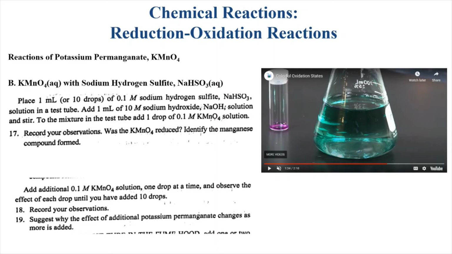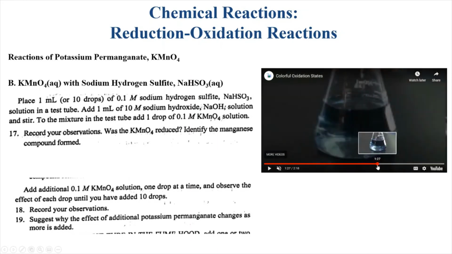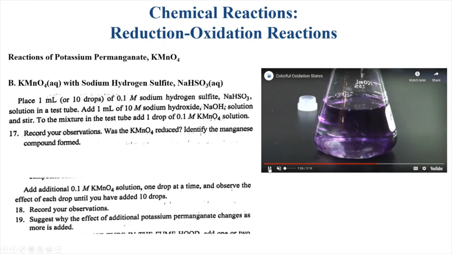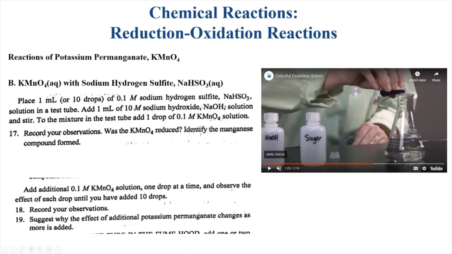When you start out, you have this beaker that's full of the sodium hydrogen sulfite. That's at this stage in the video, right here. We have this flask that has the sodium hydrogen sulfite in it, and there's a certain number of moles of that sodium hydrogen sulfite.